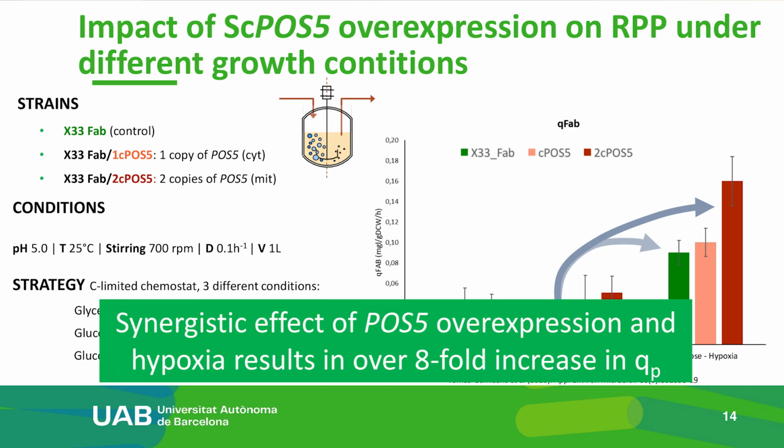If you add POS5 overexpression plus hypoxia, you go up to an 8-fold increase in specific productivity with just one genetic modification. That was an example of what you can learn from metabolic flux analysis.